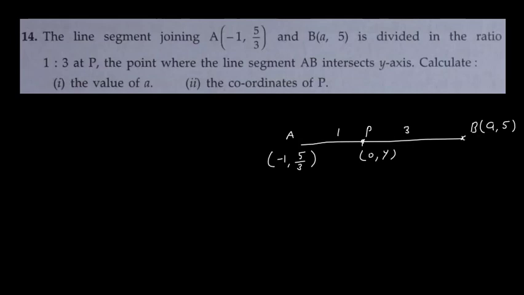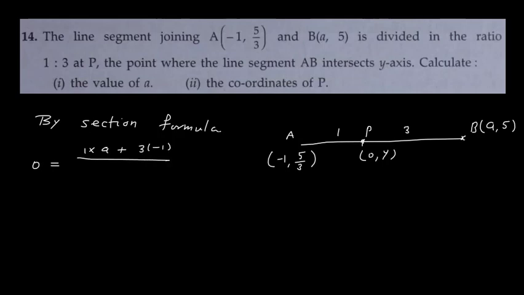By section formula, from this diagram, this 0, the x coordinate of this point P, can be written as 1 into A plus 3 into minus 1, whole divided by 1 plus 3.